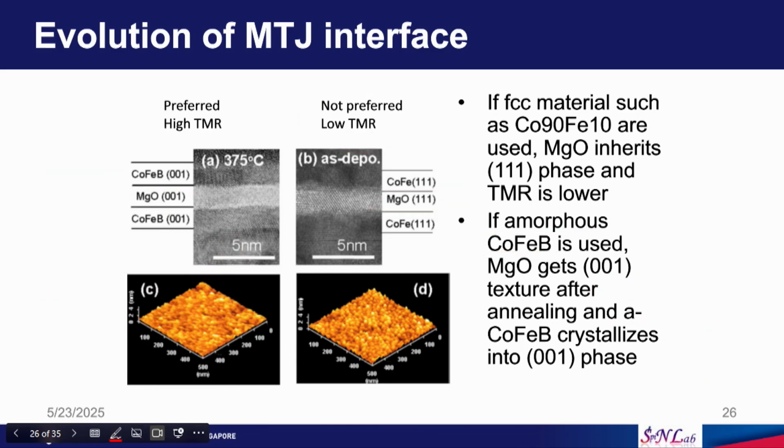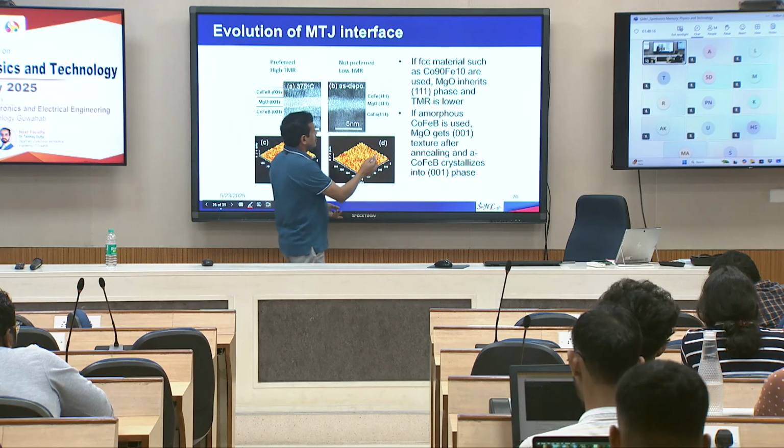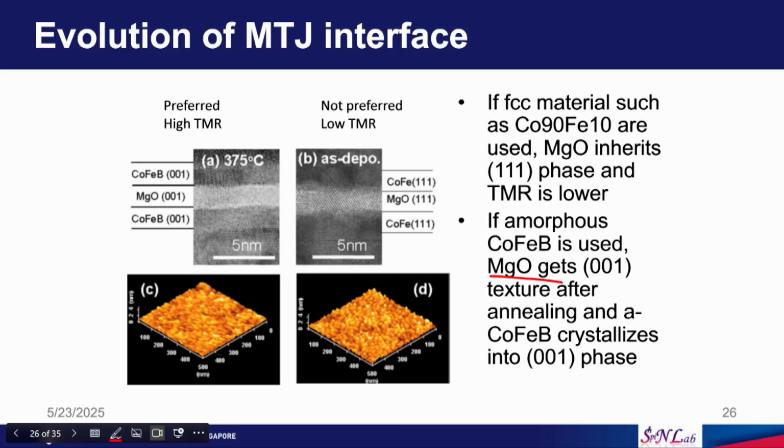Okay, so what people do is they deposit magnesium oxide on top of amorphous cobalt iron boron, and after every deposition is done, they will finally carry out some annealing at around 300 degrees Celsius for 1 hour.